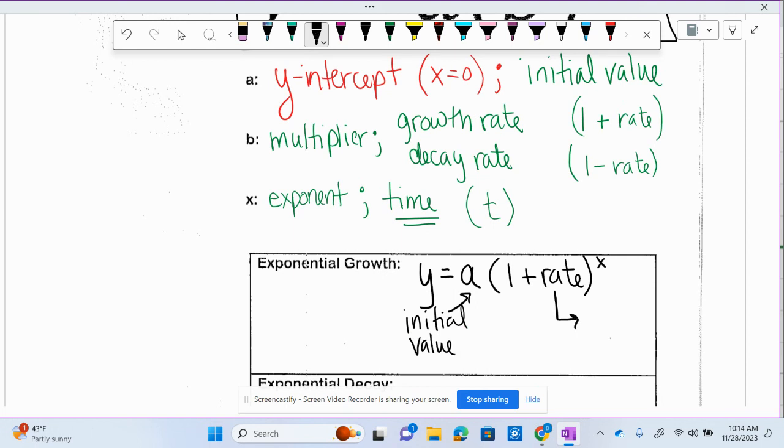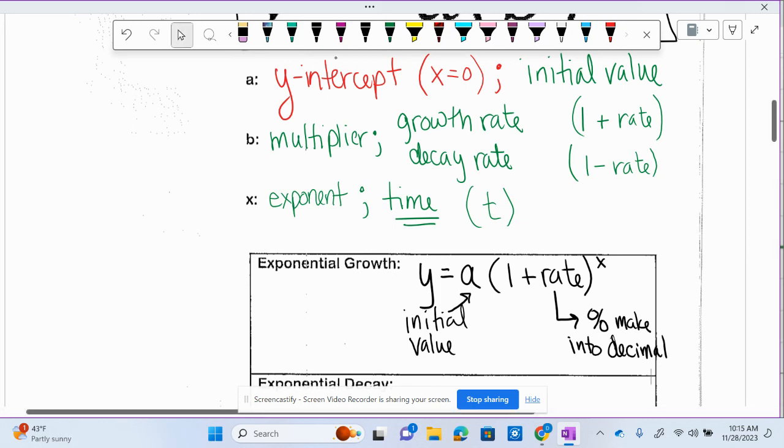My rate is a percentage that I make into a decimal. And remember that X is your time.